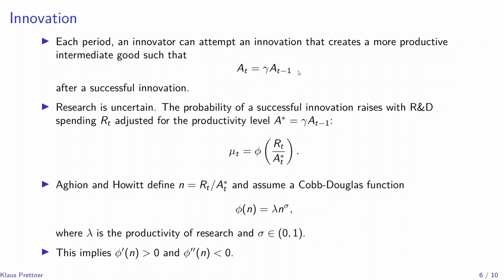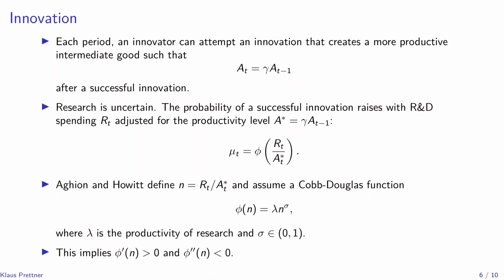Let's say the previous incumbent had a productivity of A_{t-1} for its intermediate. Now, if innovation is successful, then A_t will be gamma times A_{t-1}, where gamma is larger than 1. So a successful innovation leads to a more productive intermediate. The problem, however, is that research is uncertain.